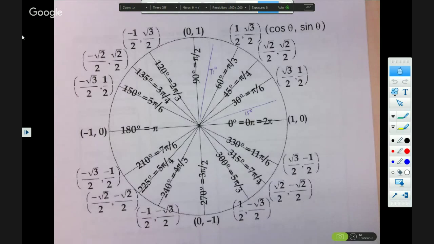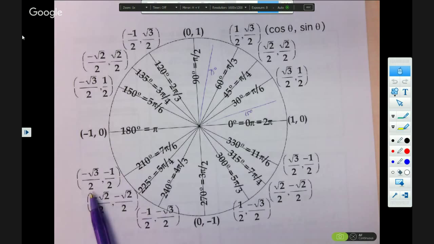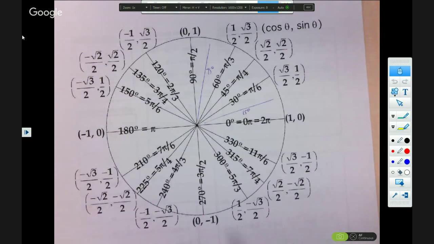So, tell me, what is the cosine of 210 degrees? Negative root 3 over 2. What is the sine of 315? Negative root 2 over 2.